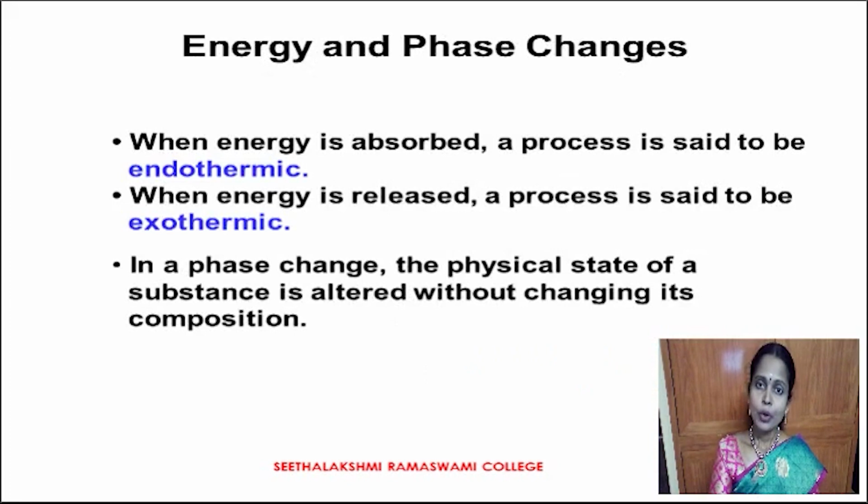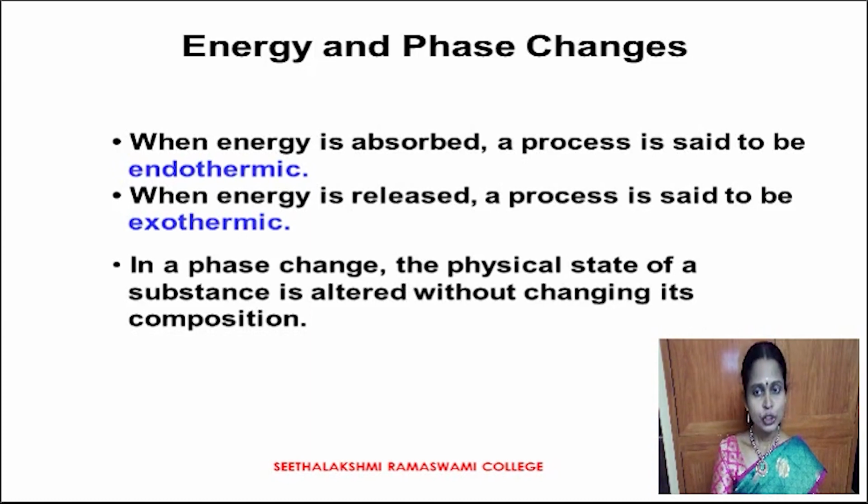So talking about the relationship between energy and phase changes, we will need to be familiar with the two terms, endothermic and exothermic. When energy is absorbed, a process is said to be endothermic. When energy is released, the process is said to be exothermic.